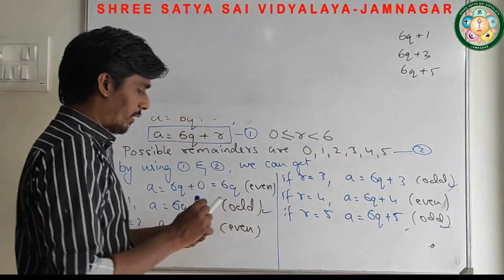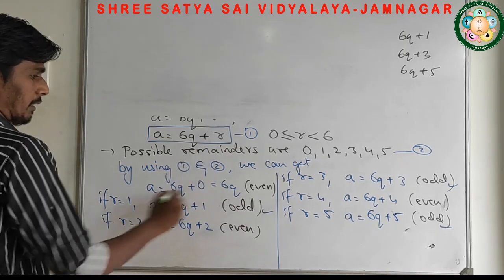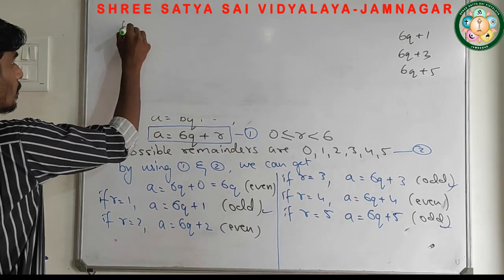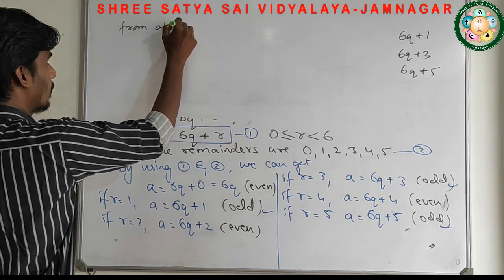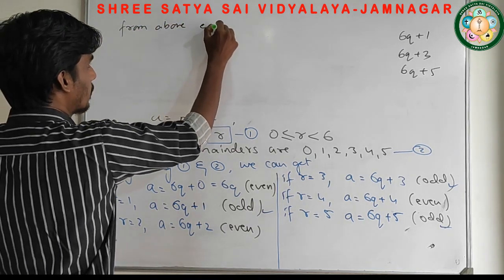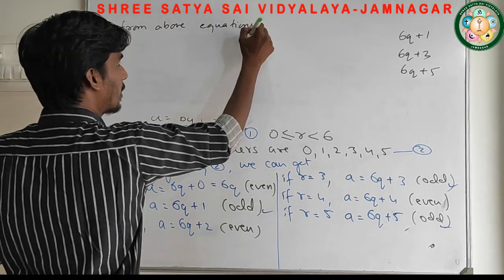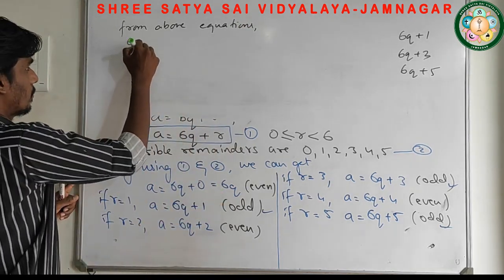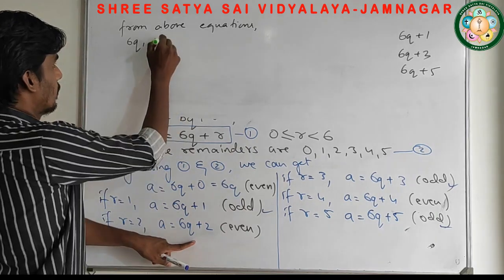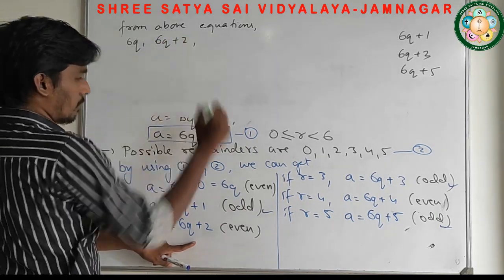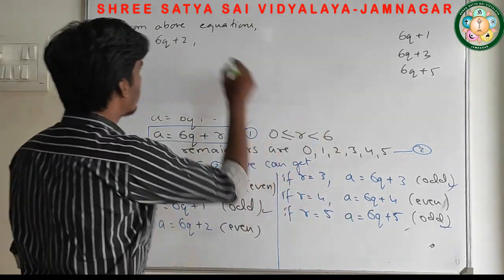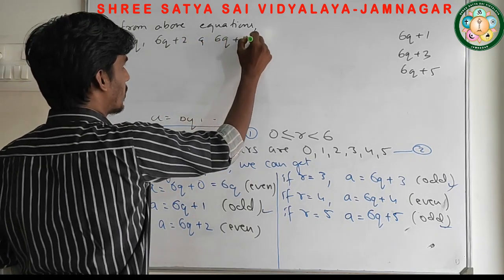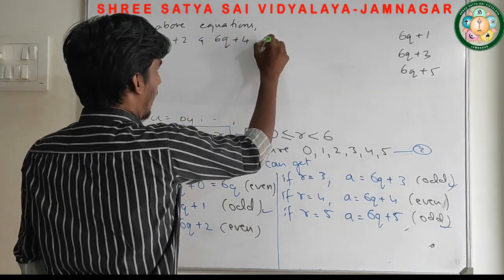So what statement are we going to write here? From above equations, 6q, 6q plus 2 and 6q plus 4 are having what?